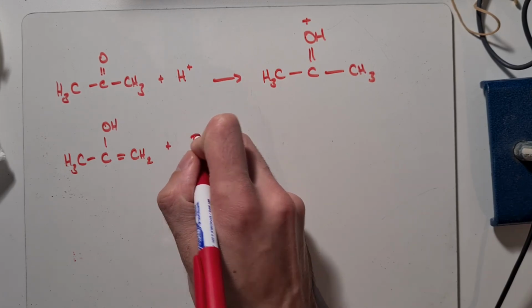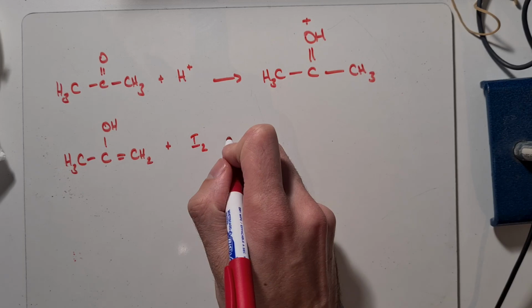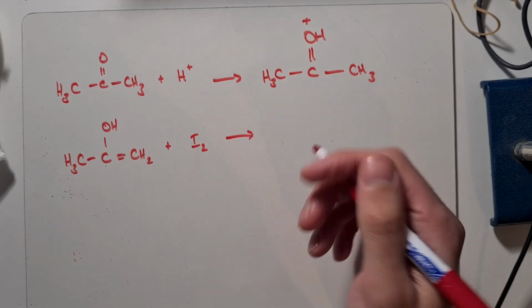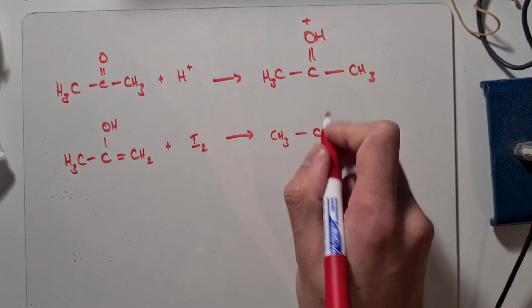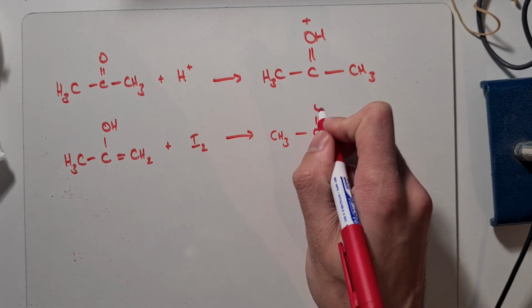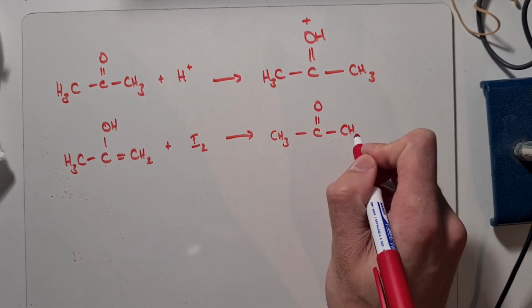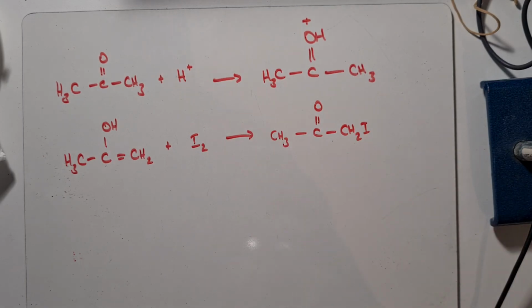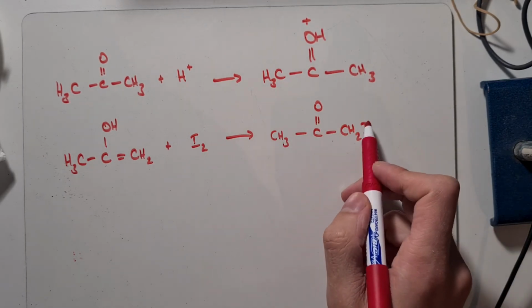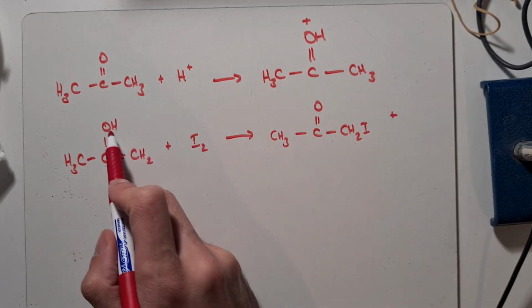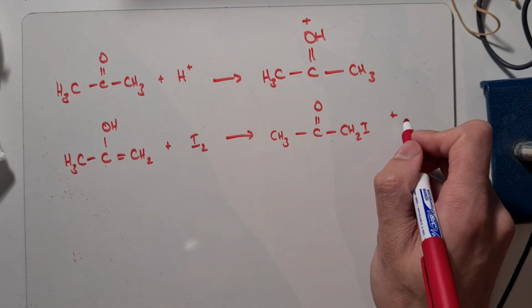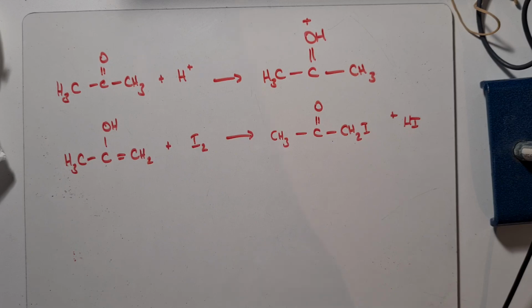So we're going to have our iodine in here, and that forms our product. I'm not really drawing that correctly, it should go to the carbon, not the hydrogen. So our product there is CH3, CO, CH2 with an I on the end, plus we've lost a hydrogen from this alcohol group, so we get hydrogen iodide, which is our other product. So we've got our 2 products, and the whole reaction's complete. And that is question 1.